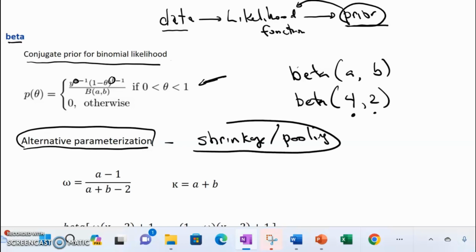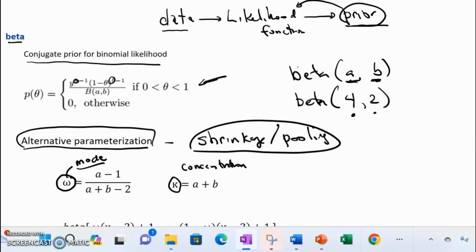The way this alternative parameterization works is that instead of A and B as our basic parameters, we're going to have omega, where omega is the mode of the beta distribution, and kappa, which we can think of as the concentration of the beta distribution.